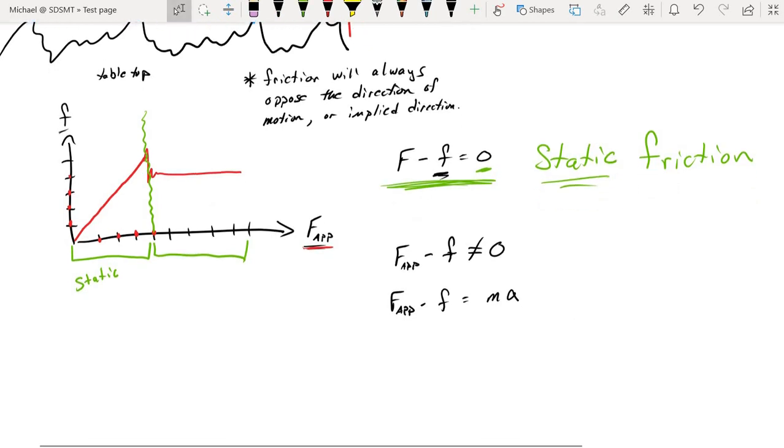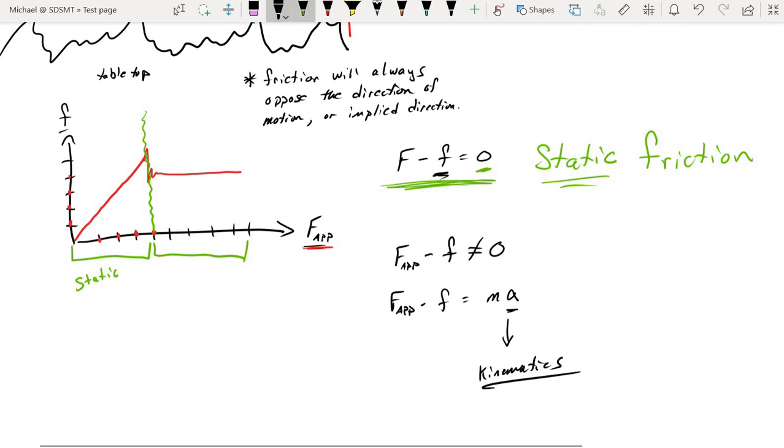But keep in mind, the whole point of the chapter 5 material with finding the sum of forces was to find the acceleration so that you could take that information and apply it to the kinematic equations of motion.